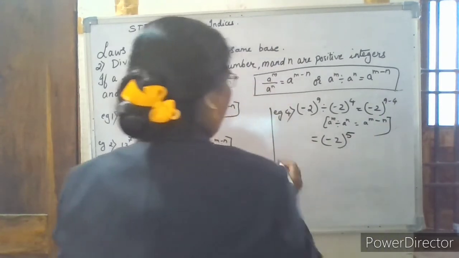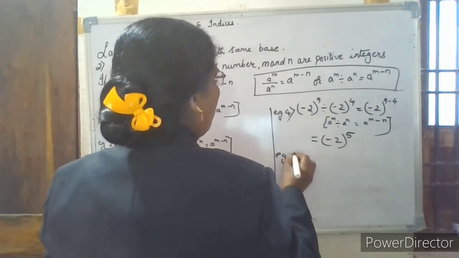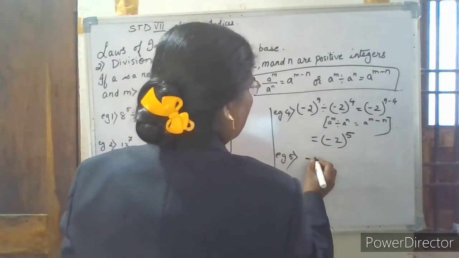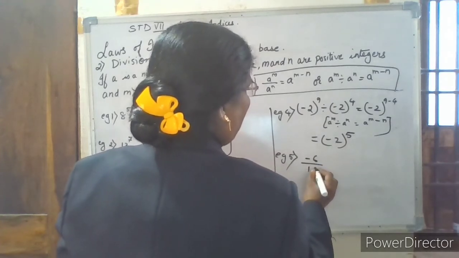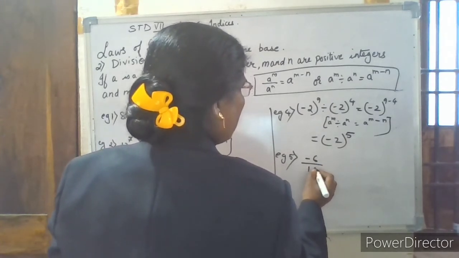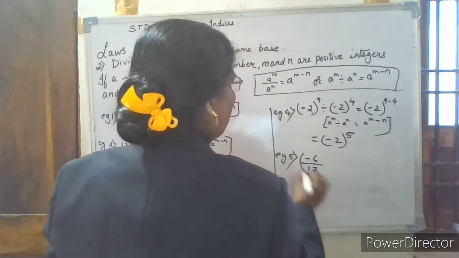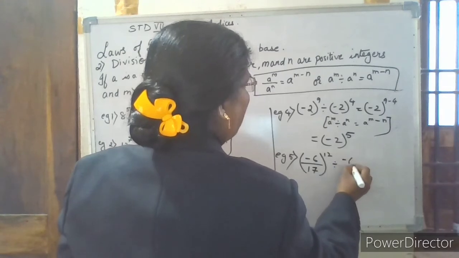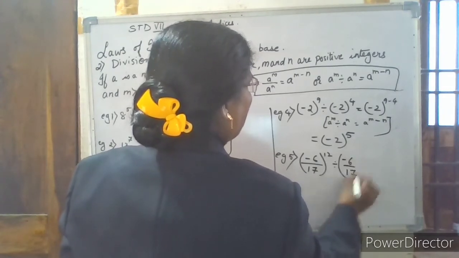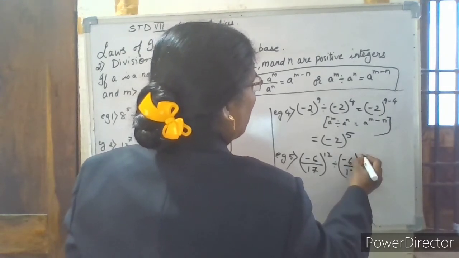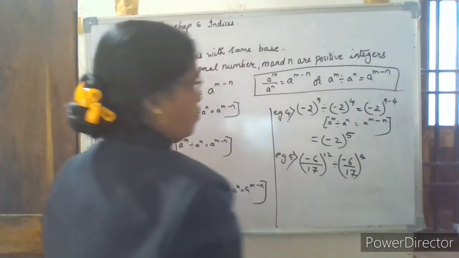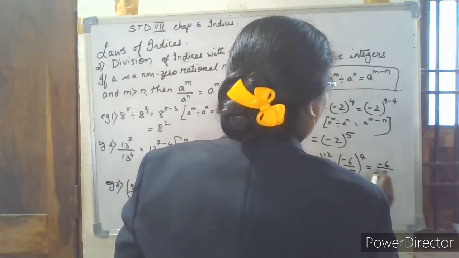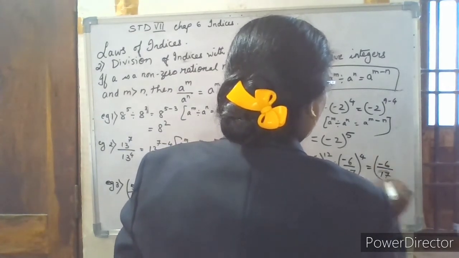Example 5. Suppose minus 6 by 17 the whole raised to 12 divided by minus 6 by 17 whole raised to 4. Then this is equal to minus 6 upon 17 the whole raised to 12 minus 4.